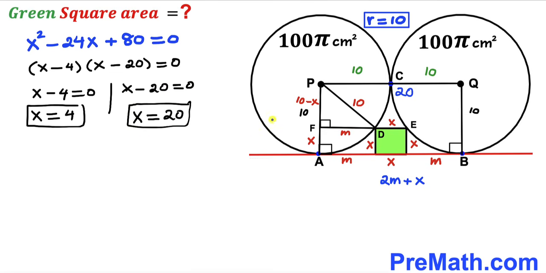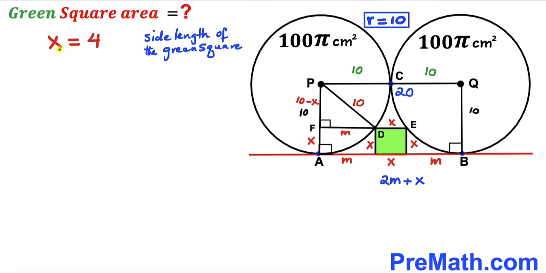And now we know that our x value must be less than 10. So therefore we are going to accept x equal to 4 value, and we are going to reject this x equal to 20 value. So thus our x value turns out to be 4 centimeter, and we can see this x represents the side length of this green square.